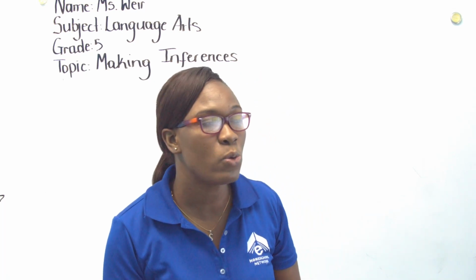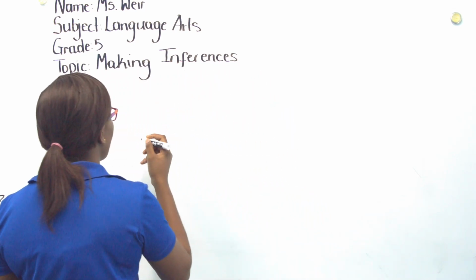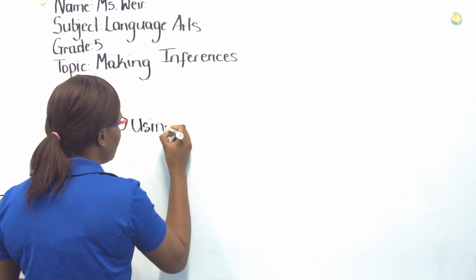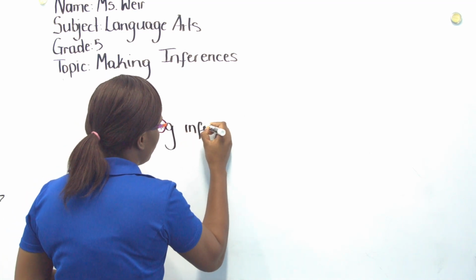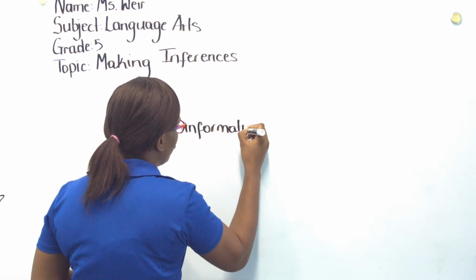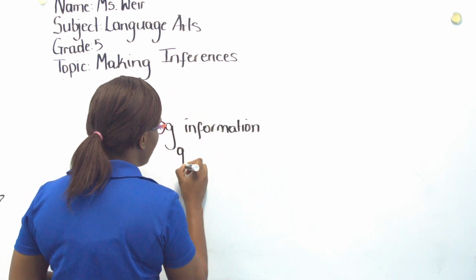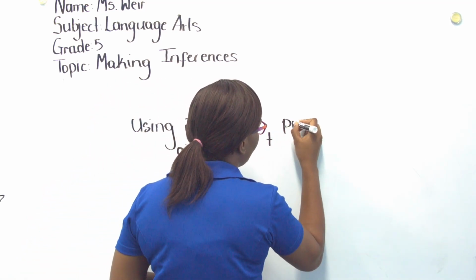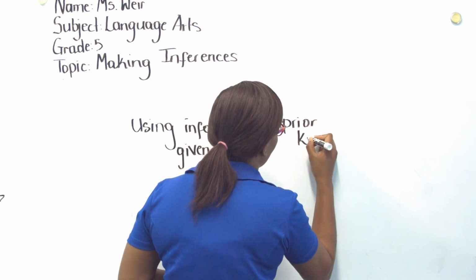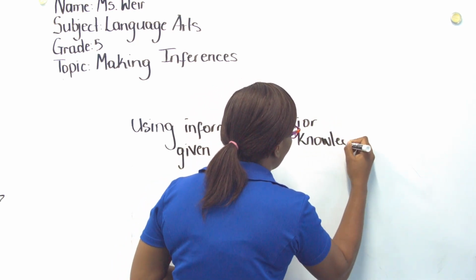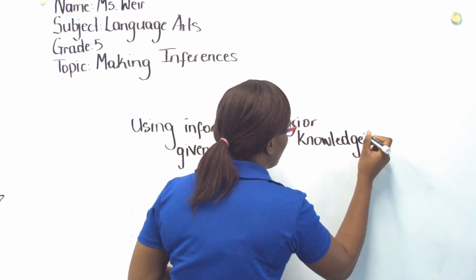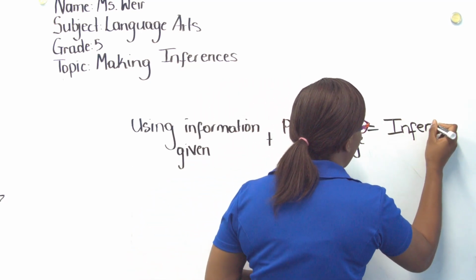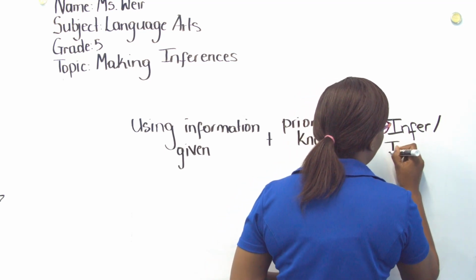When you think about inferencing, I want you to bear something in mind. You're using the information given plus your prior knowledge, and then you will infer, or make an inference.